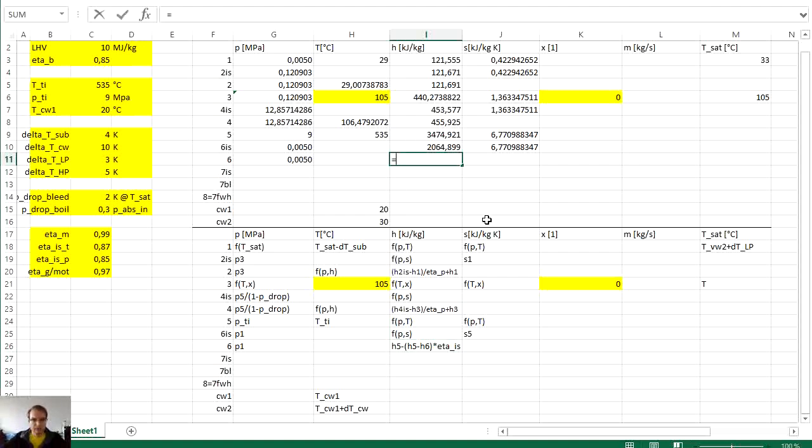So here it's the enthalpy at node number 5 minus the enthalpy 5 minus 6 isentropic, multiplied by the isentropic efficiency of the turbine. Of course, here it is 6 isentropic.